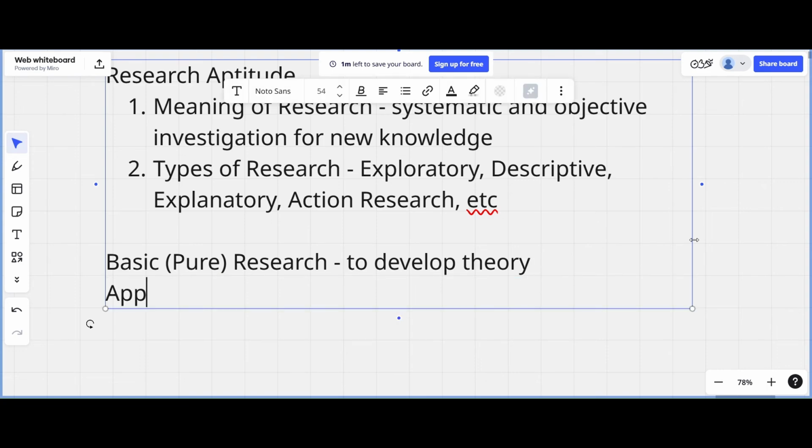Next is applied research. What do you mean by applied research? Applied research means research that can be applied very quickly, in practical terms. For example, COVID-19 is there, and thousands and thousands of people are dying.